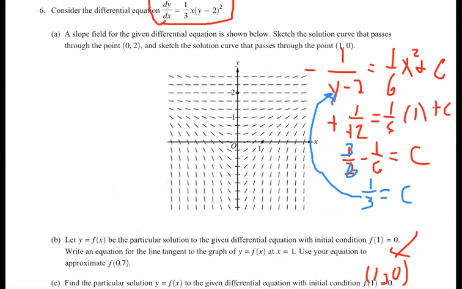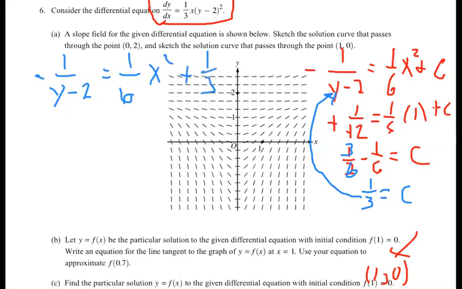So that's going to give me -1 over y minus 2 is going to equal 1/6 x squared plus 1/3.